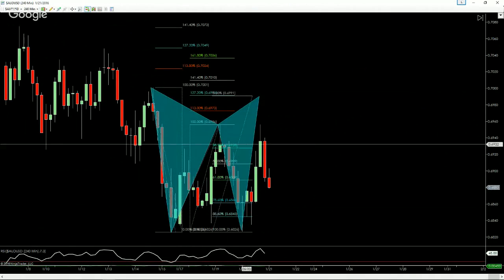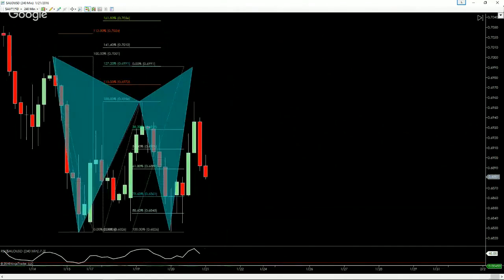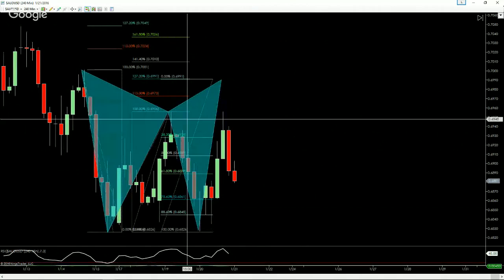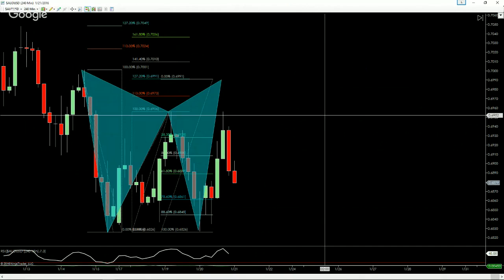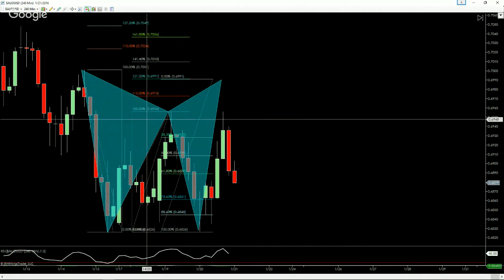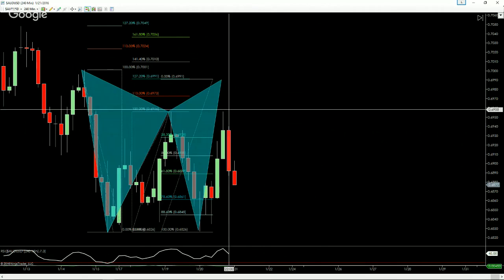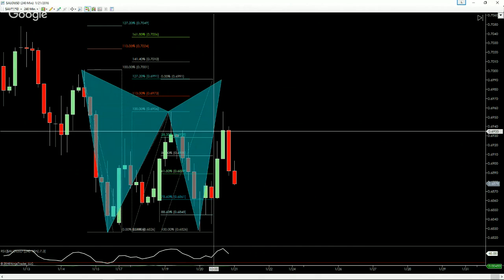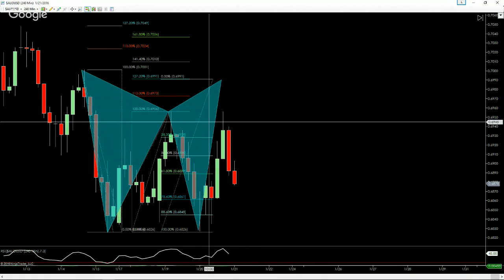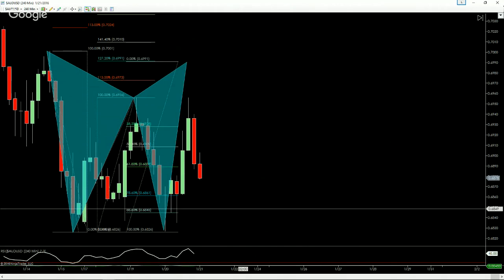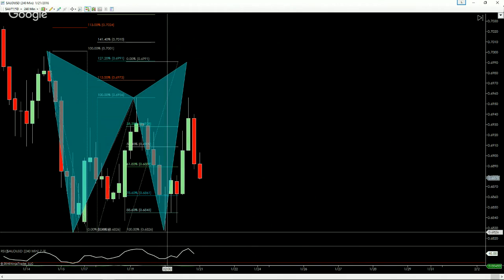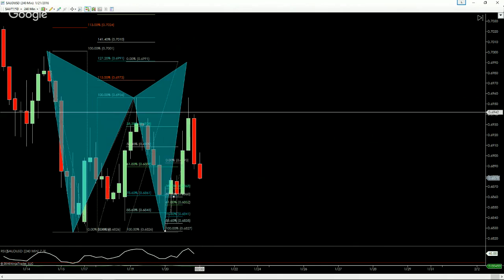Now, there's actually something here that I wanted to show you. It's kind of cool. We talked about how consolidation presents a lot of pattern trading opportunities. What could also happen, since price has been pinning around that level, is that it can present another pattern opportunity before or after we get to the completion of the Gartley pattern.